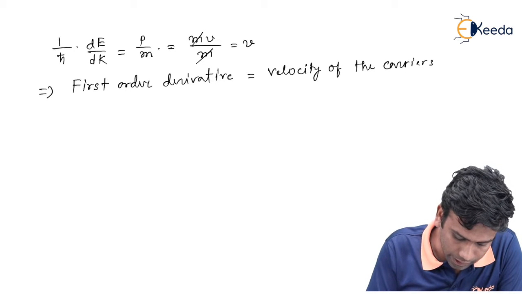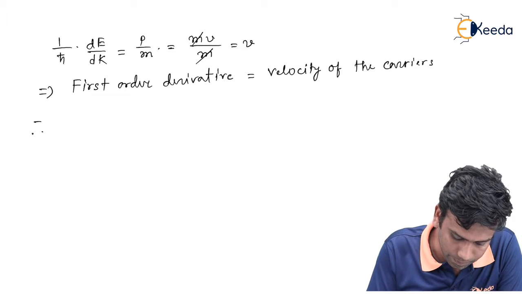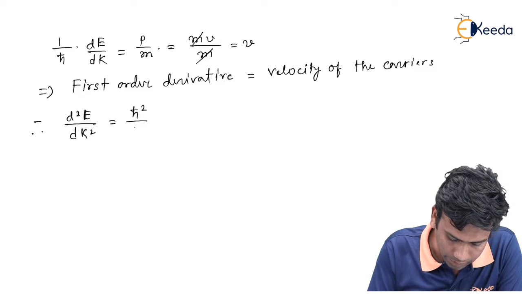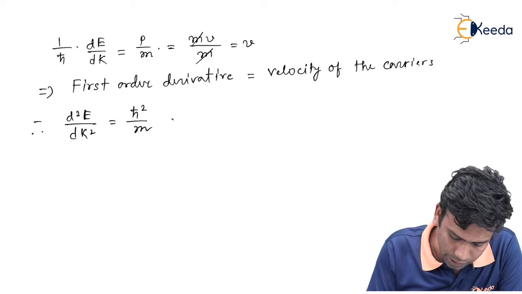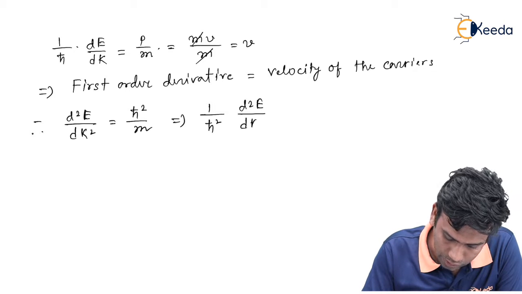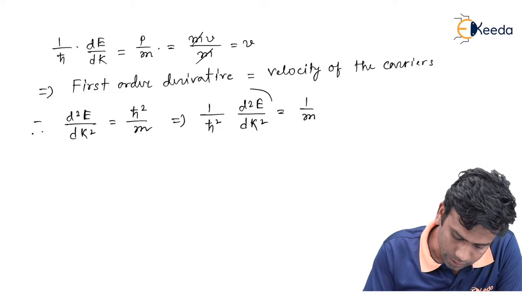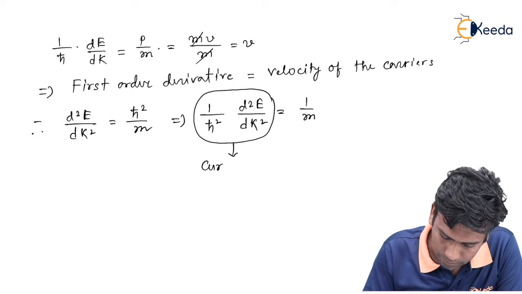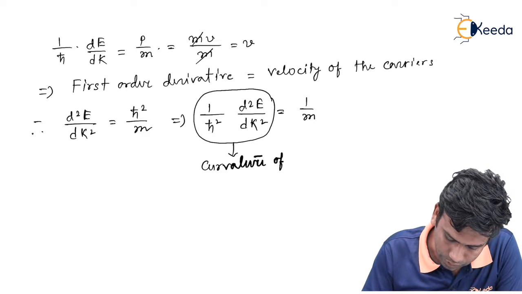Similarly, if we find the second order derivative d2E by dk square, it will give h cut square by m. So from this equation we can write 1 by h cut square into d2E by dk square will be 1 by m, and this is nothing but the curvature of the parabolic plot.